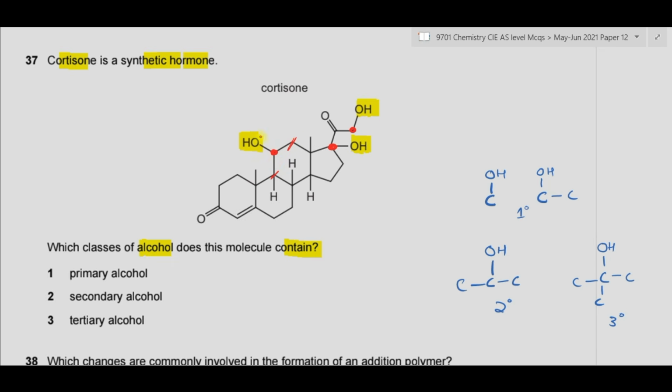So therefore this is secondary alcohol functional group. This carbon of OH is further directly attached with 3 other carbon atoms, 1, 2, 3. So therefore this is tertiary alcohol. And this carbon atom is directly attached with only 1 carbon atom, so therefore it is primary alcohol. As all 3 options are correct, answer is A.